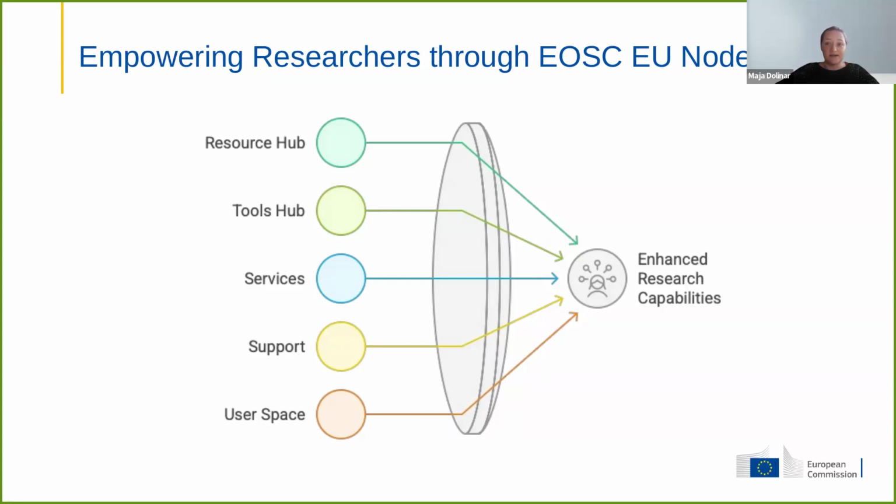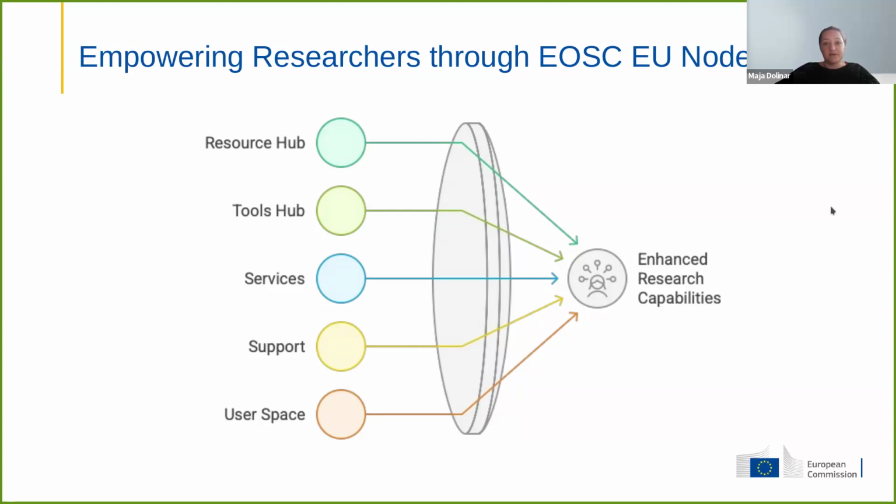They can also utilize six specialized services, as we will see a bit later on, which enable data processing and analysis. They can also access a personalized research environment via the user space. Throughout their journey, they can also receive comprehensive support through the help desk, FAQs, documentation, and training resources that will soon be available. This ensures a smooth and efficient research experience.